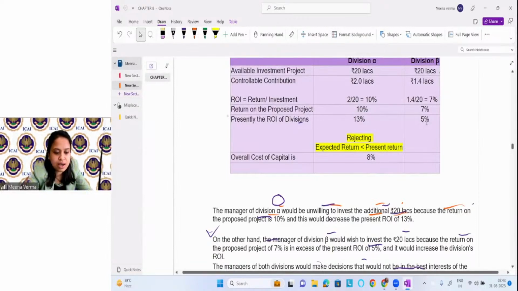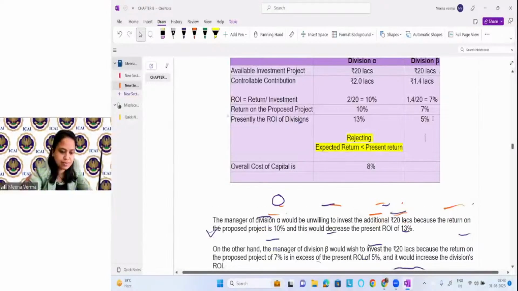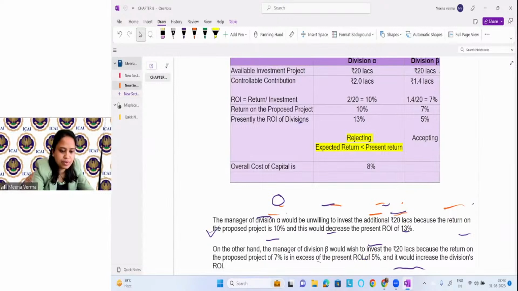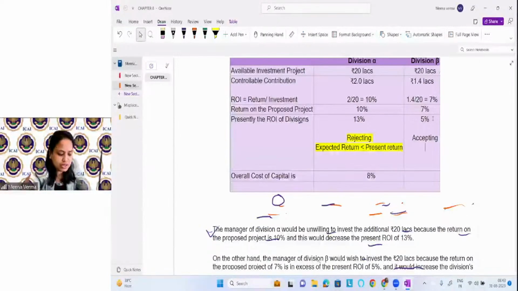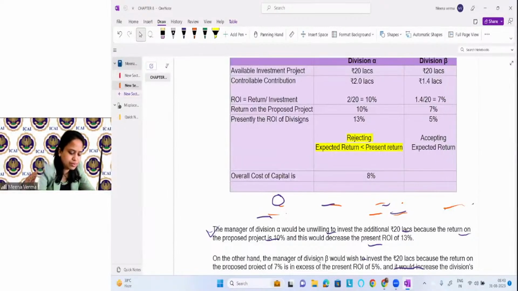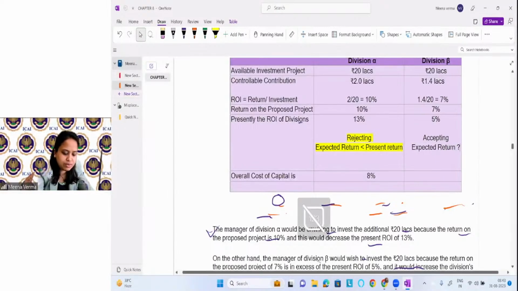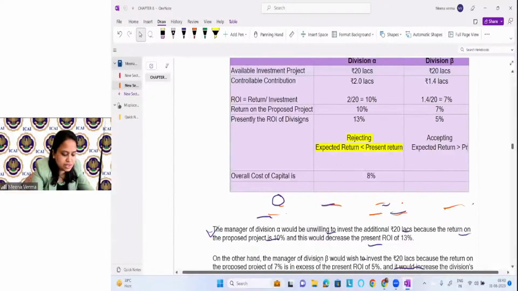And you know what is happening? The manager is accepting this. Why is the manager accepting? Because according to the manager, the expected return here is more than the present return.